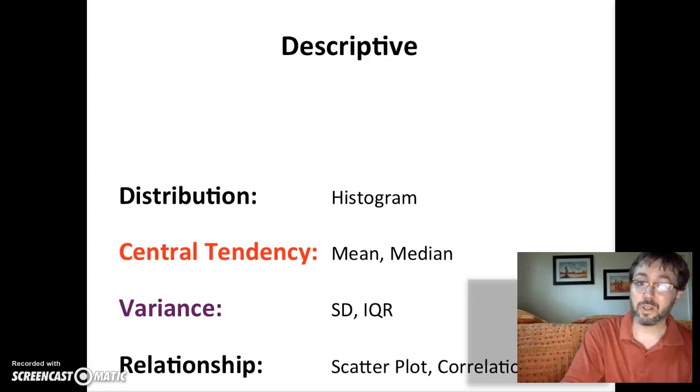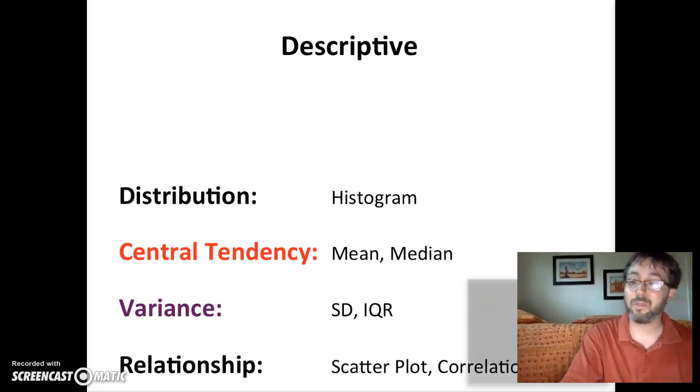Their distribution using things like histograms, central tendency with means or medians, their variance, how much difference there is around the measure of central tendency, with a standard deviation for normally distributed data or interquartile range for non-normally distributed data, and then look at the relationships of those two variables to each other.